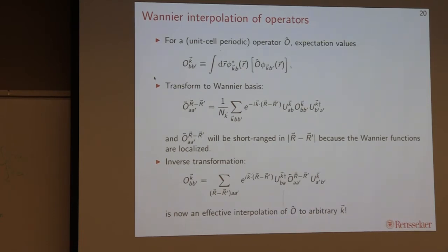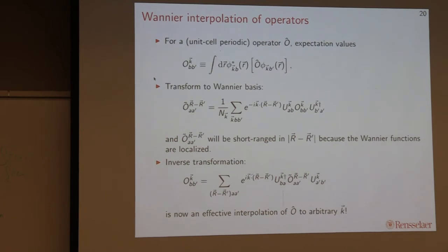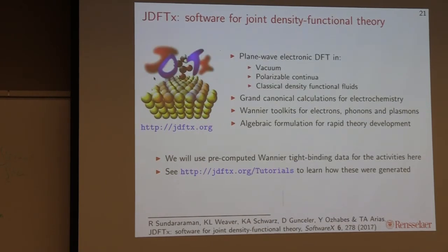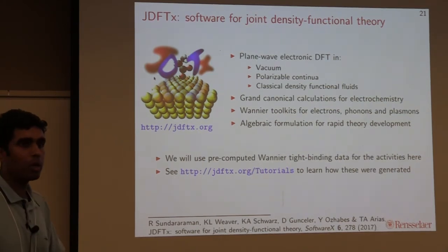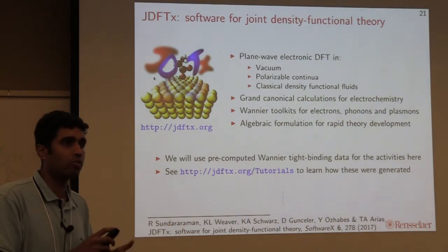Okay, so what I'm going to show you here is coming from this density functional theory code that our group maintains, which is called JDFTx. And it has special features for doing all of these Wannier toolkit calculations. We are going to use results of calculations from here which are already going to give us Hamiltonians and momenta and so on in this Wannier basis.